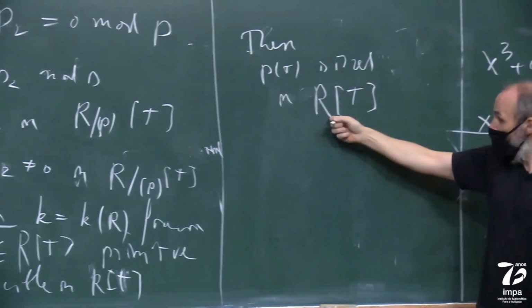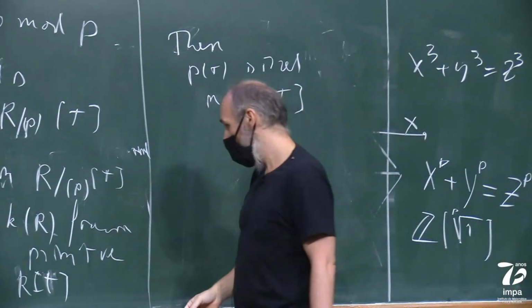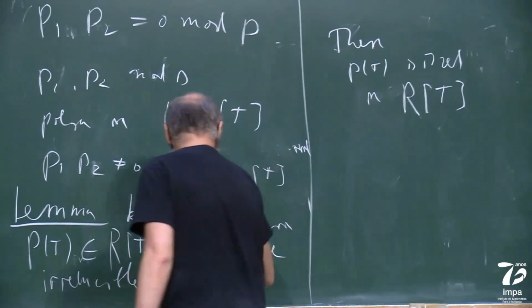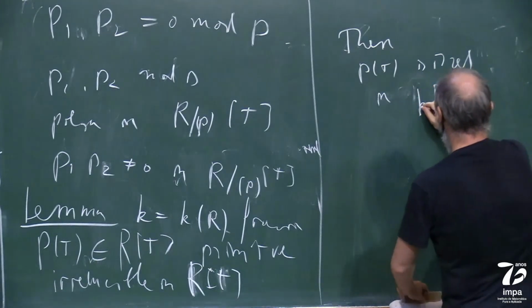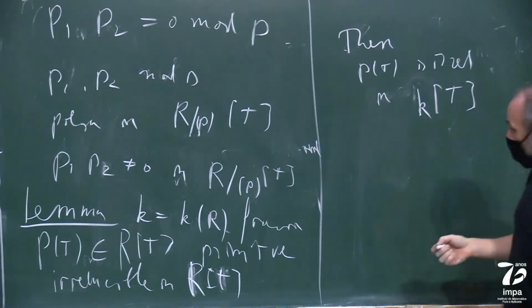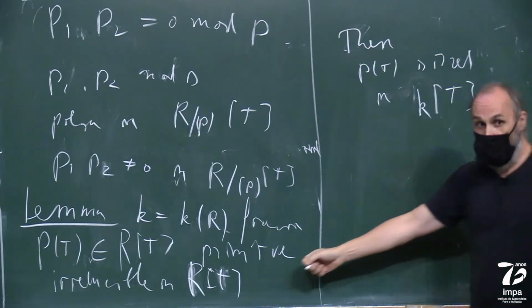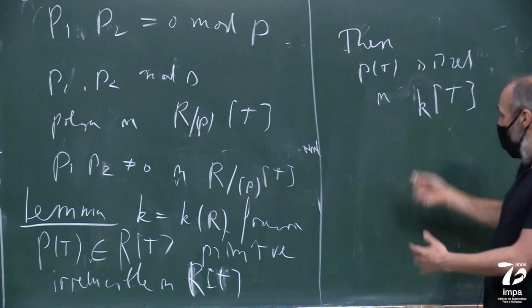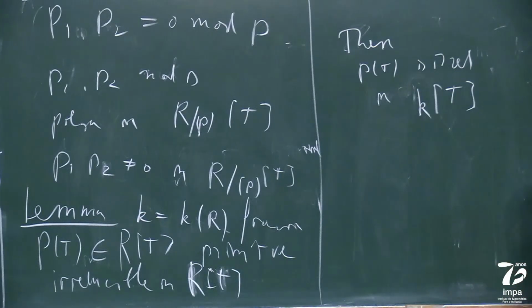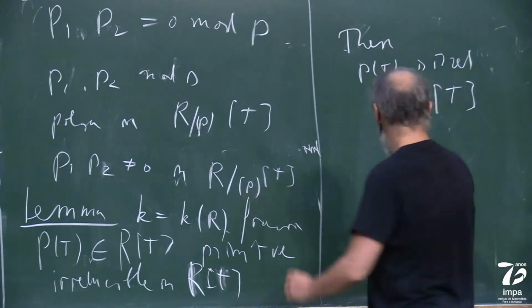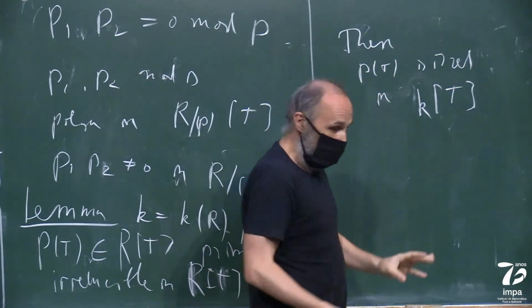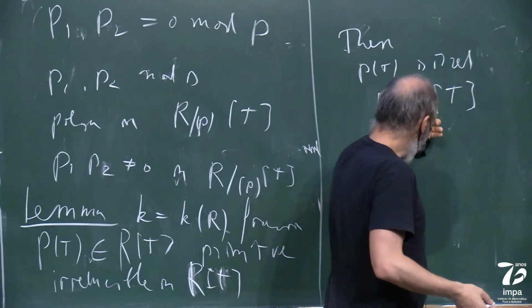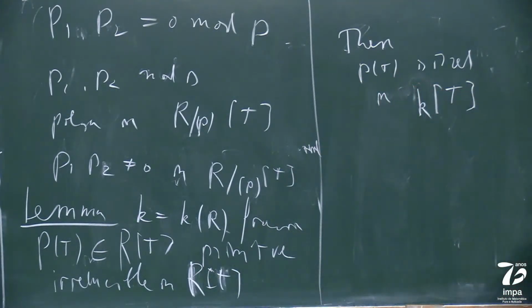Of course, the converse direction is easy: if it is irreducible over the ring, then it should be irreducible over the field. Hmm, rather, if it is irreducible over the field, it will be irreducible over the ring. But the other direction is not obvious, because if you have written this polynomial as a product of two polynomials over this field, then you have to make these coefficients integers, and a priori they are not integers.